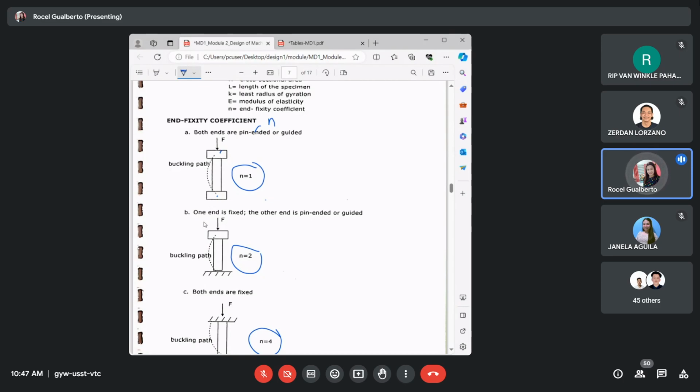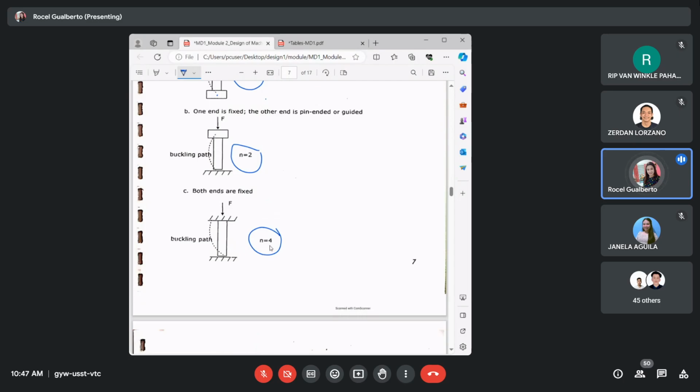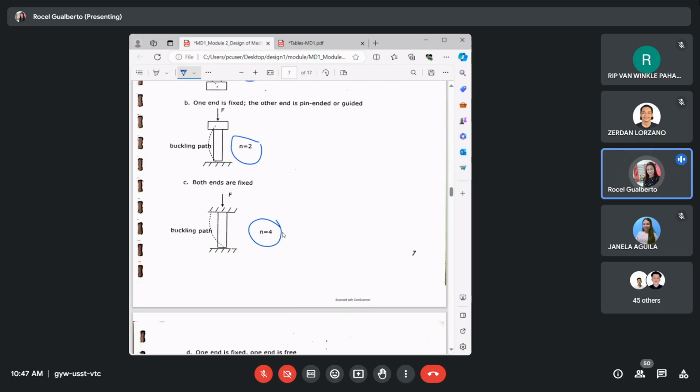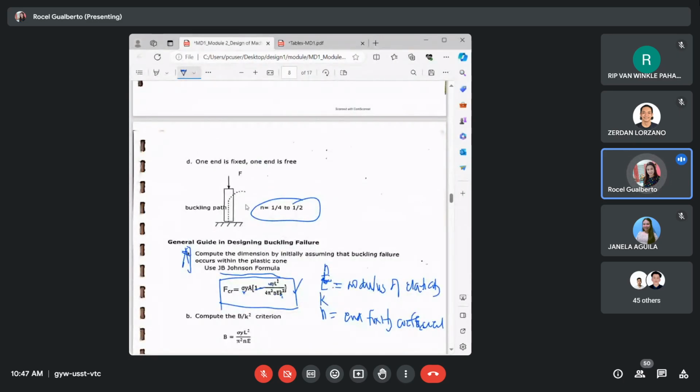Okay, the second one, N is equal to 2, when one end is fixed, and then the other one is a pin-ended or guided. Third, when both ends are fixed, your N is equal to 4. And yung last naman po, when one end is fixed, the other one is a free end, you use N 1/4 to 1/2. So, same thing, the value po, 1/4 hanggang 1/2, pare-parehas po na pwede natin gamitin.